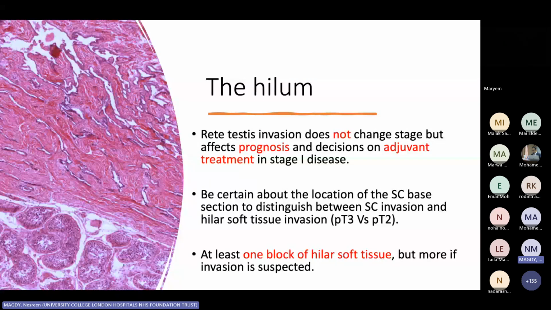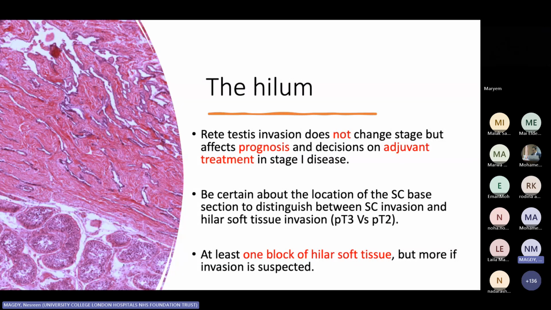And regarding the hilar soft tissue, it's very important to make sure where exactly you took your section, because on the microscopic level, hilar soft tissue and spermatic cord look alike because both have vessels and fat.